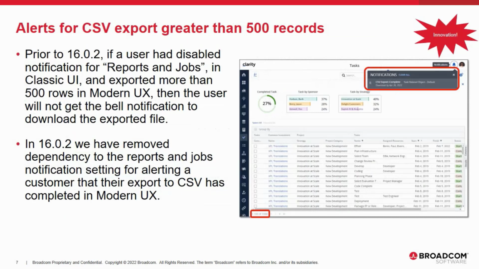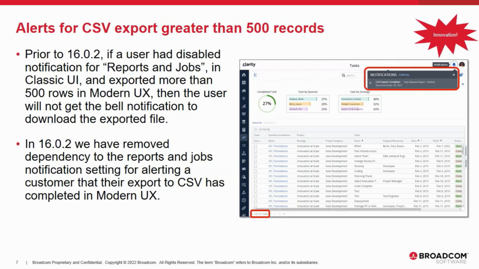Historically, when exporting data to CSV in modern UX, if the number of rows to be exported was more than 500, we would use a background job to perform the export, and then based on the end user's notification settings, we would either notify the user or not notify them that the export was complete.